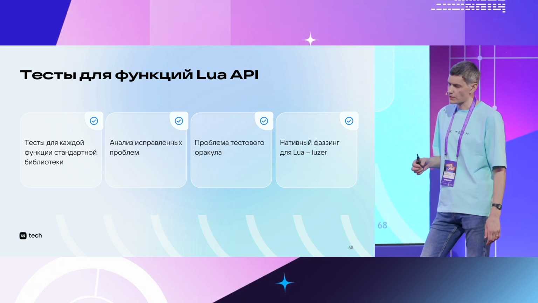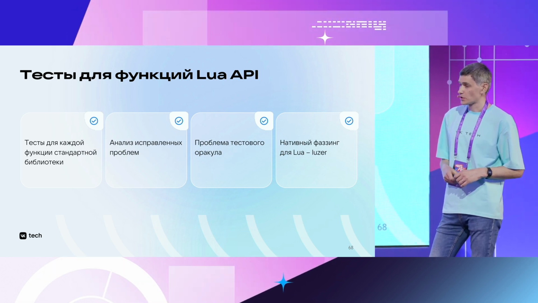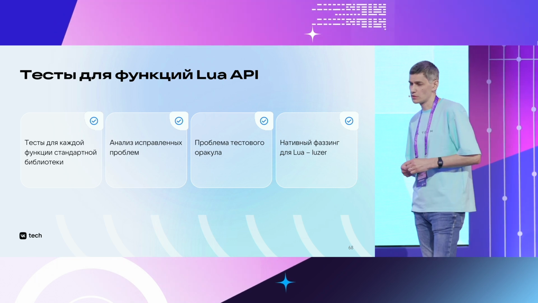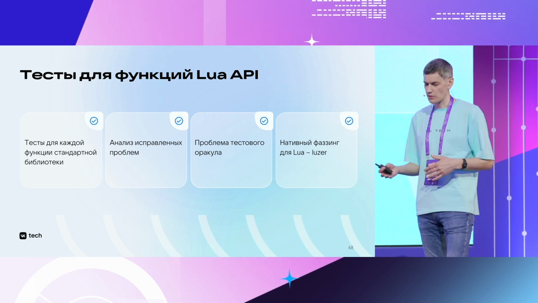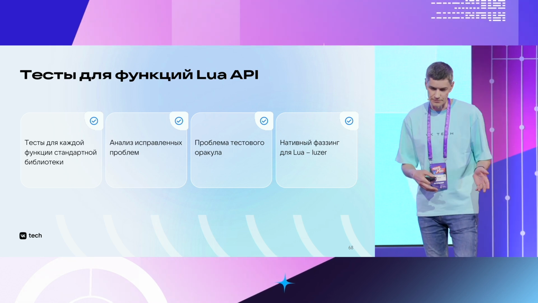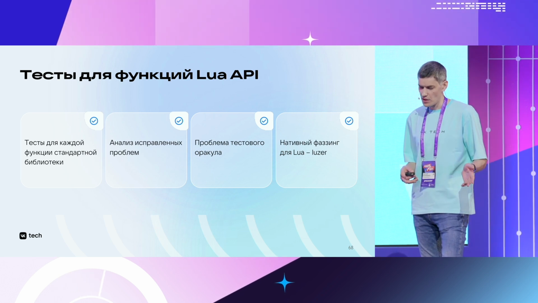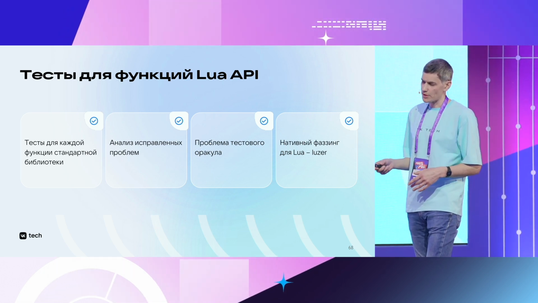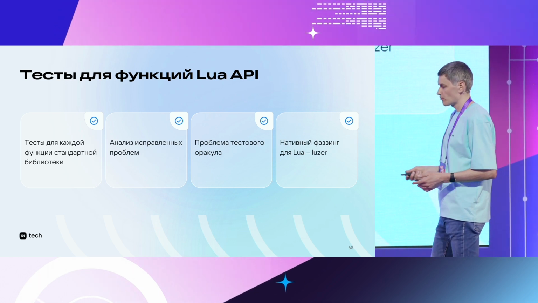LuaJIT doesn't have that many functions, actually, especially if compared to Python. It's around 200. We have a shell for each of the functions. We call it, and we pass random inputs to it. It is not for all the functions that we managed to do that.